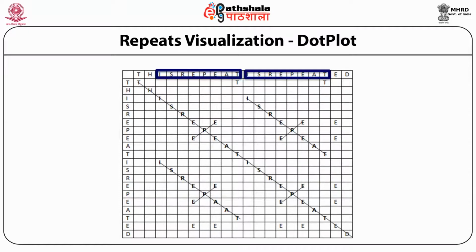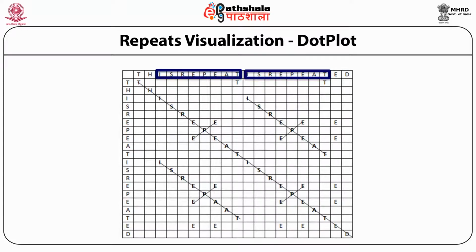Then the visual presentation reveals that there is one main diagonal showing the identity. Since we have used the same sequence as the horizontal sequence and the vertical sequence, there is a complete identity diagonal. The lines parallel to the main identity diagonal in this type of intra-sequence comparison reveal the presence of direct repeat sequences.